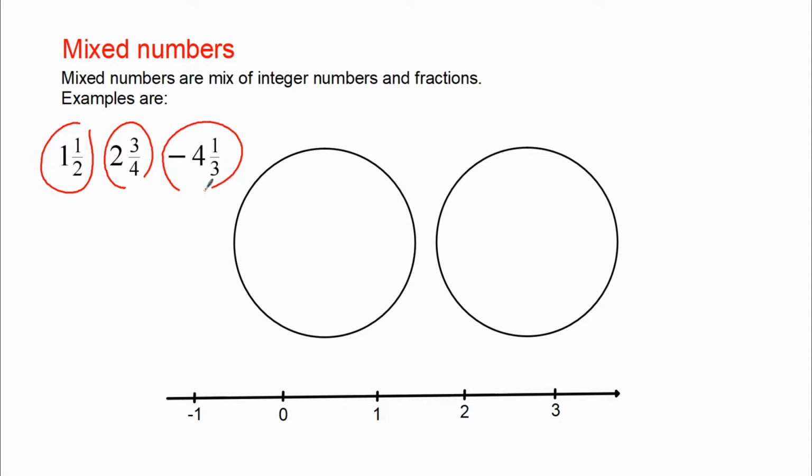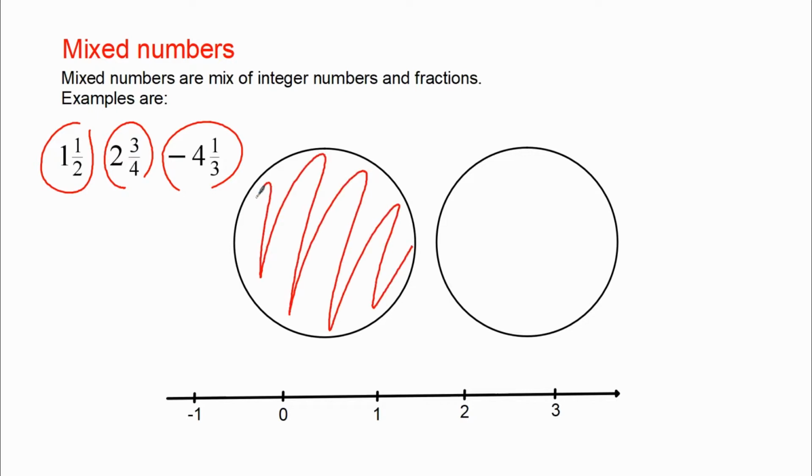What that means, say, 1 and 1 over 2, is that I have 1 full unit, and from the second one I just have half. In a normal conversation we say 1 and a half, and in mathematics we show it by 1 and 1 over 2.